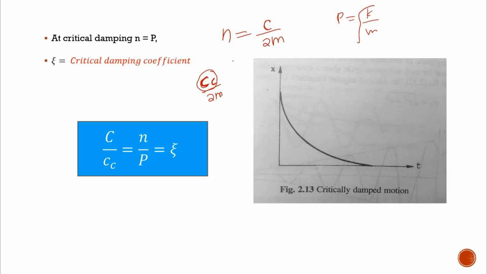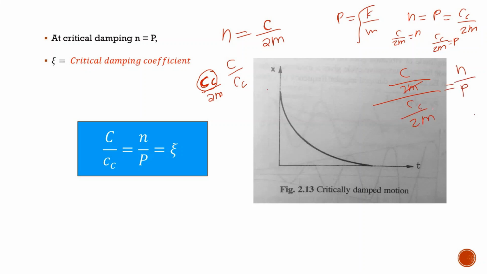If we write n equal to p, which is equal to cc by 2m, we can write c by 2m divided by cc by 2m as n by p, which is equal to c by cc.